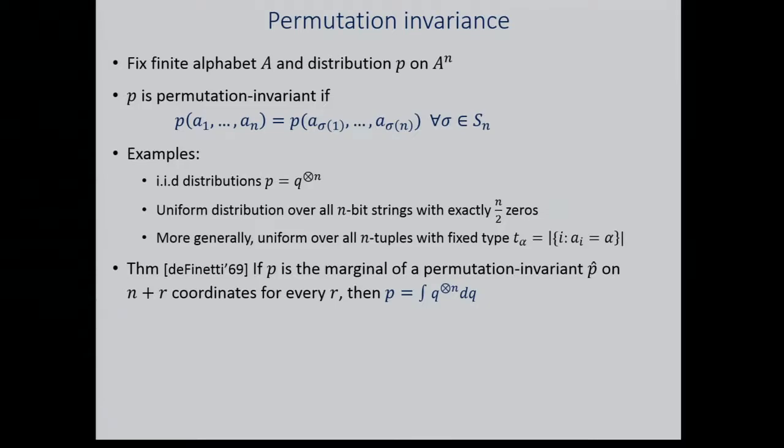The coordinates are not independent, but the only correlation is which element of the convex combination was chosen. So for instance, you could imagine P is an example on bit strings where first you choose a bias for the coin, and then you flip IID coins with that bias.